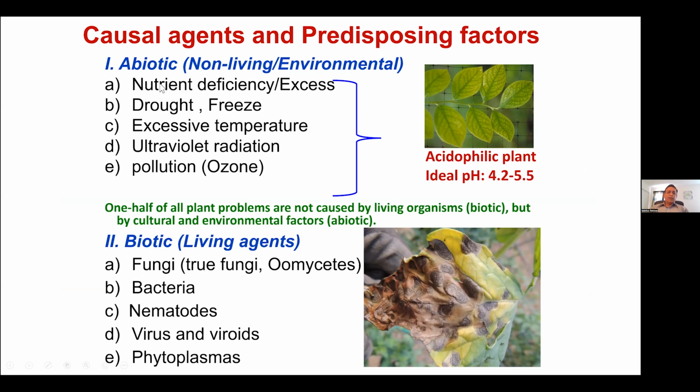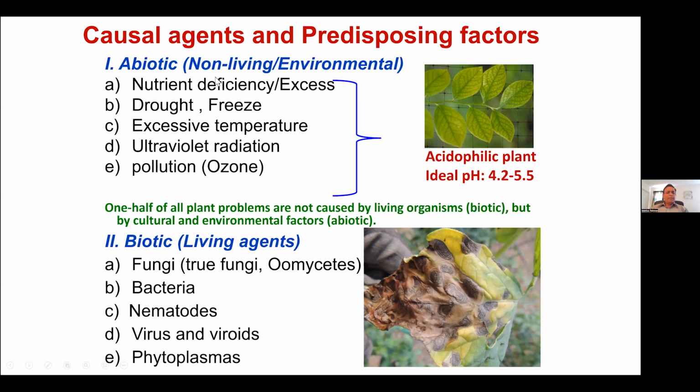So let's try to familiarize ourselves with the causal agents that can cause problems on plants. The two major groups: abiotic, that is non-living or environmental factors that can cause problems on plants. What are those? Nutrient deficiency or excess.